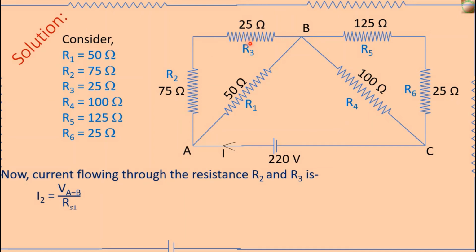R2 and R3 are connected in series, so their potential difference is VAB, between A point and B point, and the equivalent resistance of 75 and 25, that is RS1, is 100 ohm. So 78.56 divided by 100 is equal to 0.78 ampere.